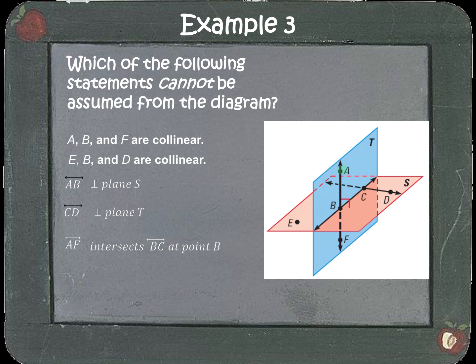A is here, B is here, and F is here, and they are all connected with a line. So this one, yes, you can conclude that A, B, and F are collinear because they are all connected with that line. However, E, B, and D sort of look like they're on a line, but they have not drawn in a line connecting them. So without that drawn in there, you cannot assume that they're on the straight line. So this one would be no.